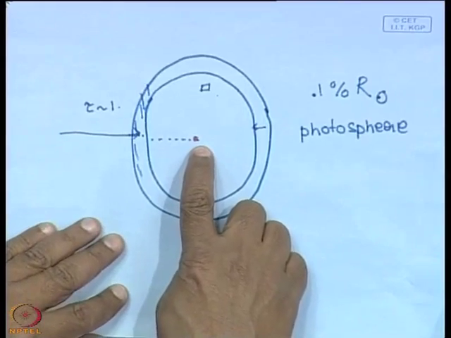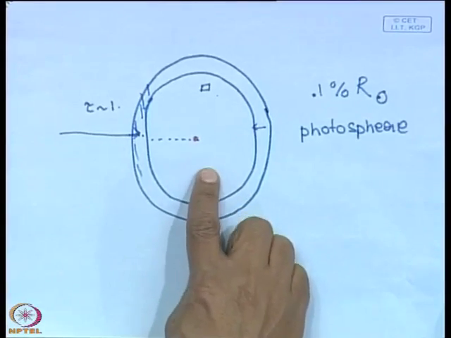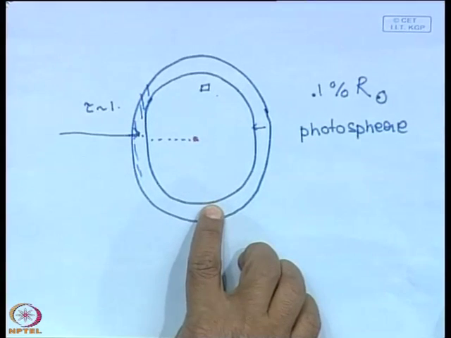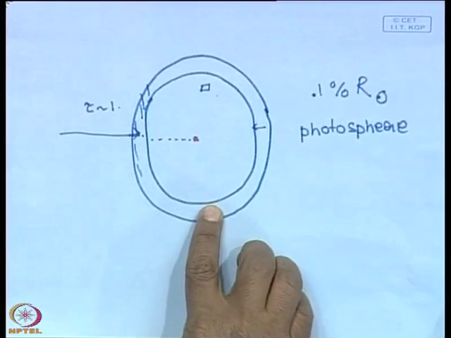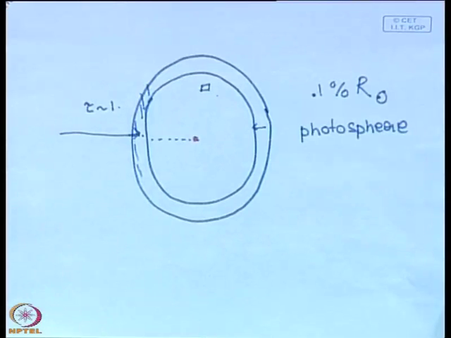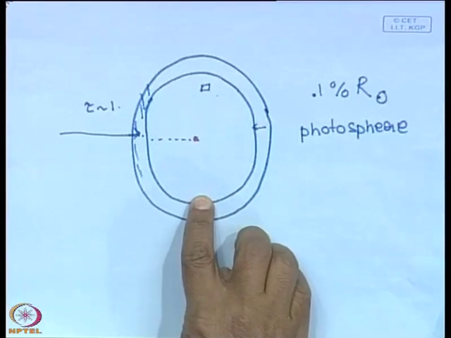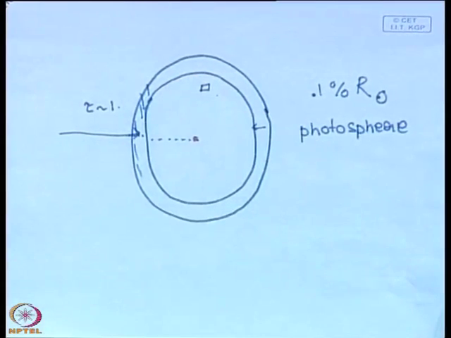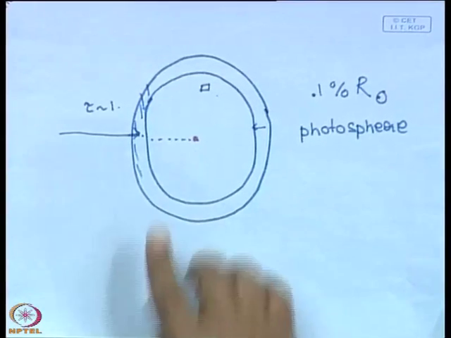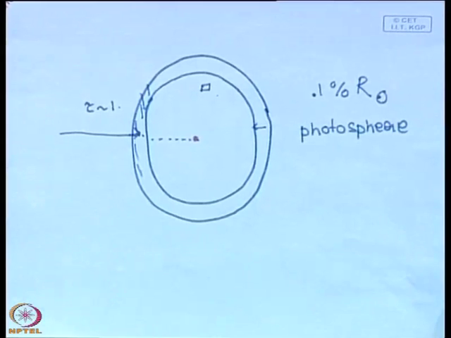Then this light propagates outwards, and by the time you are at the photosphere, you have lowered the temperature of the material and the radiation, and you have a temperature of around 5800 Kelvin. Okay.